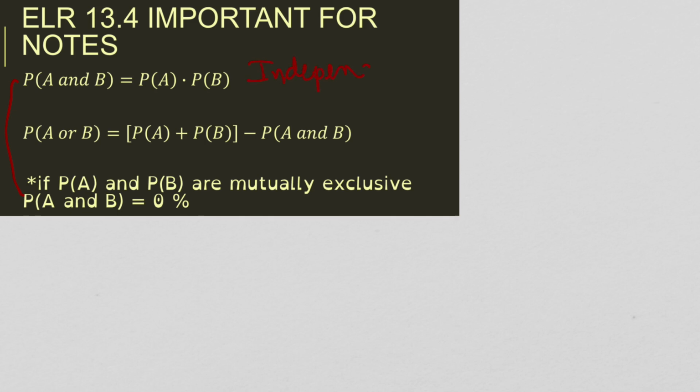Also dependent events. Mutually exclusive are things that are impossible to do because it's not possible to have those answers in your question. So the answer is always 0. And then the or problem is important. Usually that's for overlapping events.